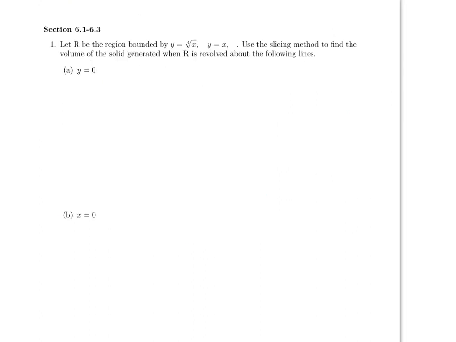Now let's move to the problems from section 6.1 to 6.3. These problems are actually only from section 6.2. So the question is asking you to find the volume generated by the region R that will be formed by these two functions or lines or curves.